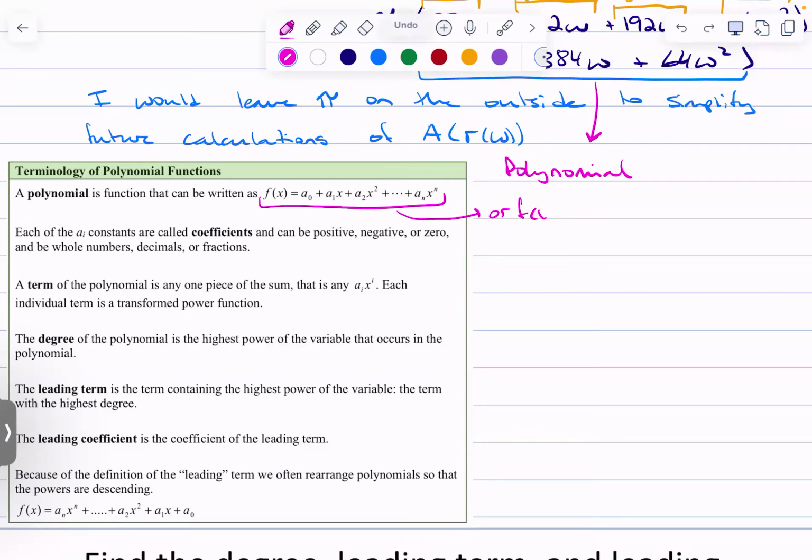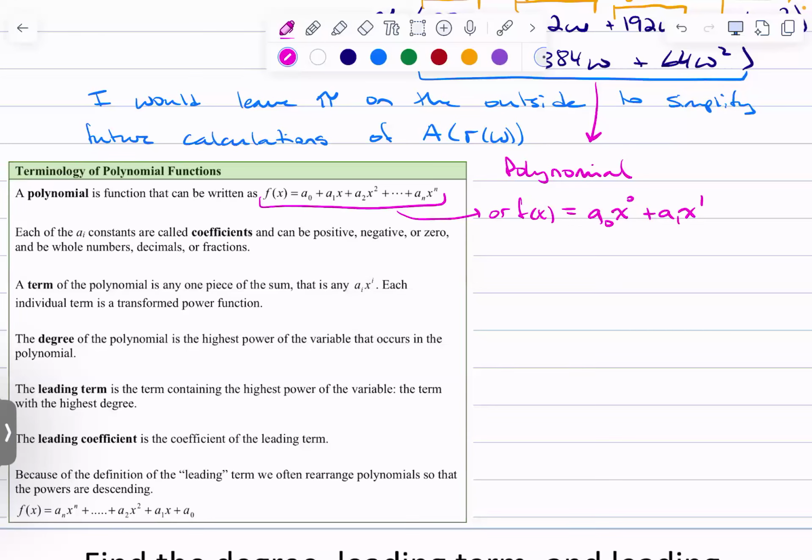More specifically, a subscript 0 is technically times x to the 0. Remember from the very beginning, x to the 0 is 1, so a subscript 0 times 1 is just a0. Sometimes we call it a naught, for null.